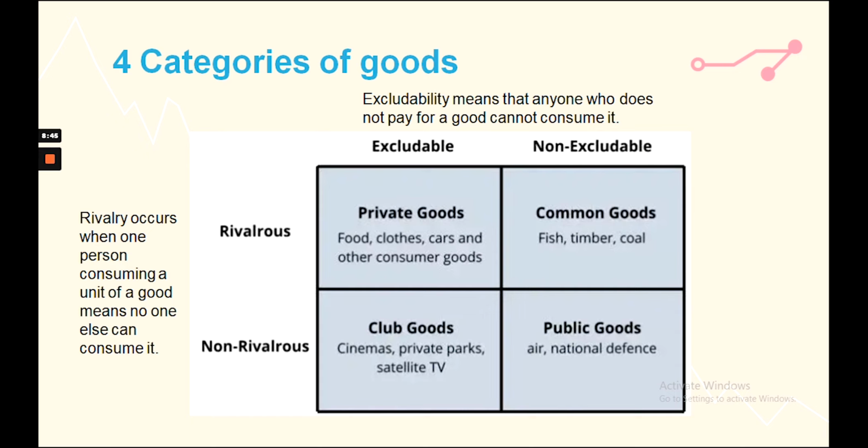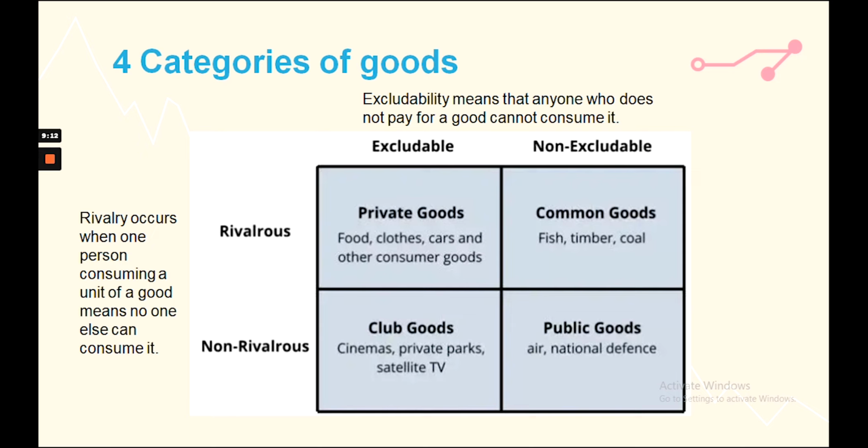That means if you pay for a particular good, only then will you be able to consume it. For example, if you purchase a burger and pay for it, only then will you be able to consume it. It is a very simple example of excludability. If you do not pay for that particular product or service, you will not be able to consume it.